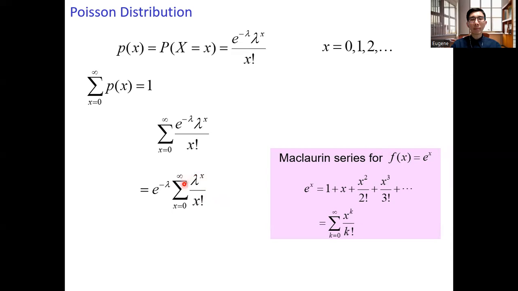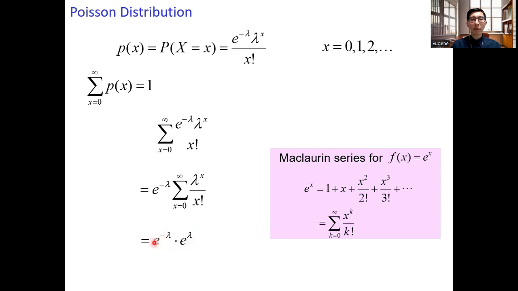So here we have lambda raised to the power x. For the Maclaurin series, here we have x to the power k. And then we have x factorial in the denominator. For that part, k factorial. So the summation of the expression lambda raised to the power x over x factorial is simply the Maclaurin series for e to the power lambda.